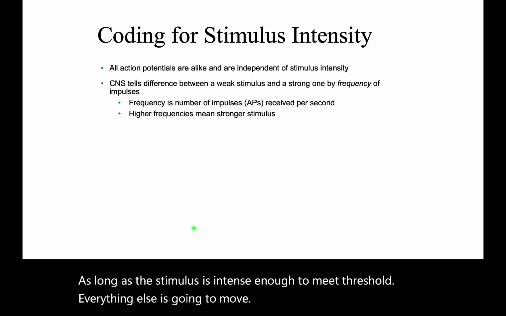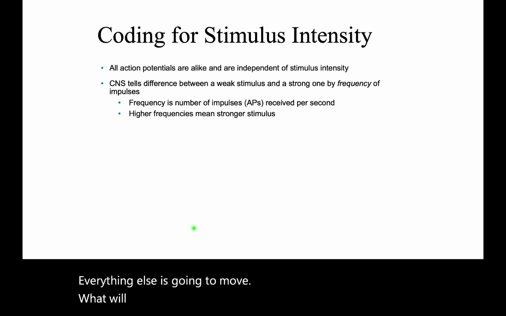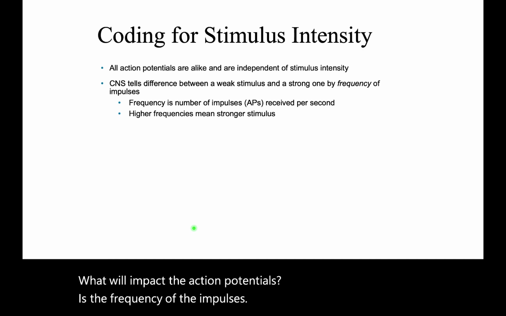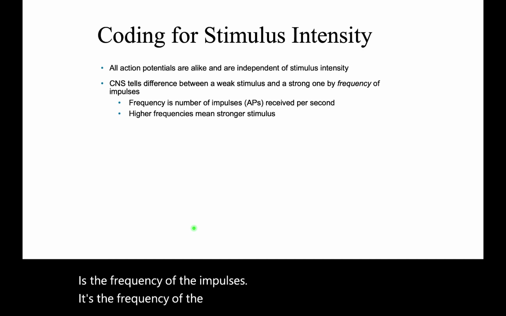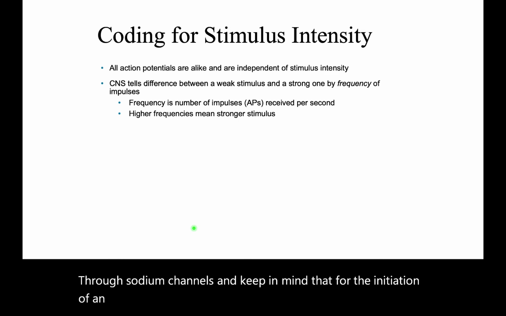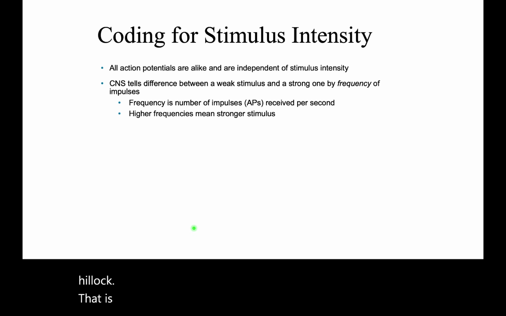What will impact the action potentials is the frequency of the impulses. So how many impulses are reaching those sodium channels? And keep in mind that for the initiation of an action potential within an axon, we go back to the axon hillock. That is where action potentials are generated within the neuron.